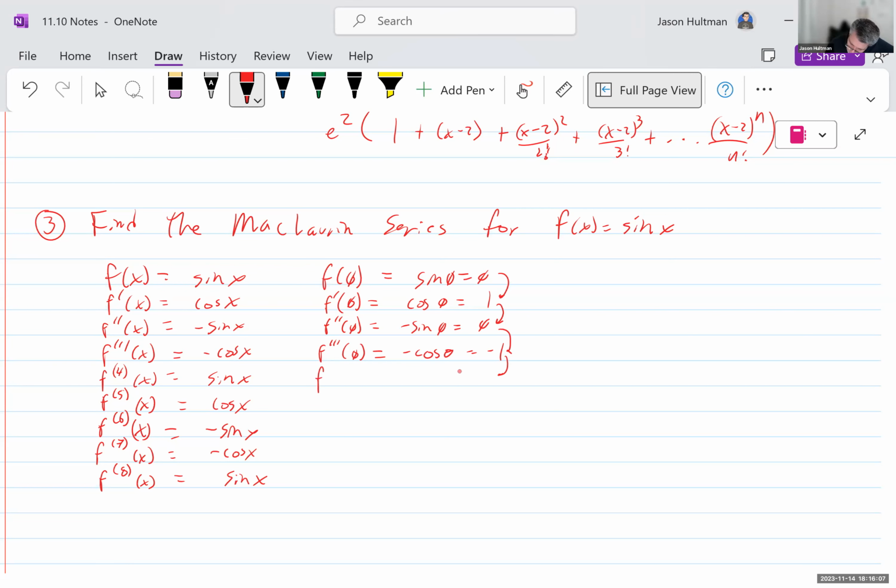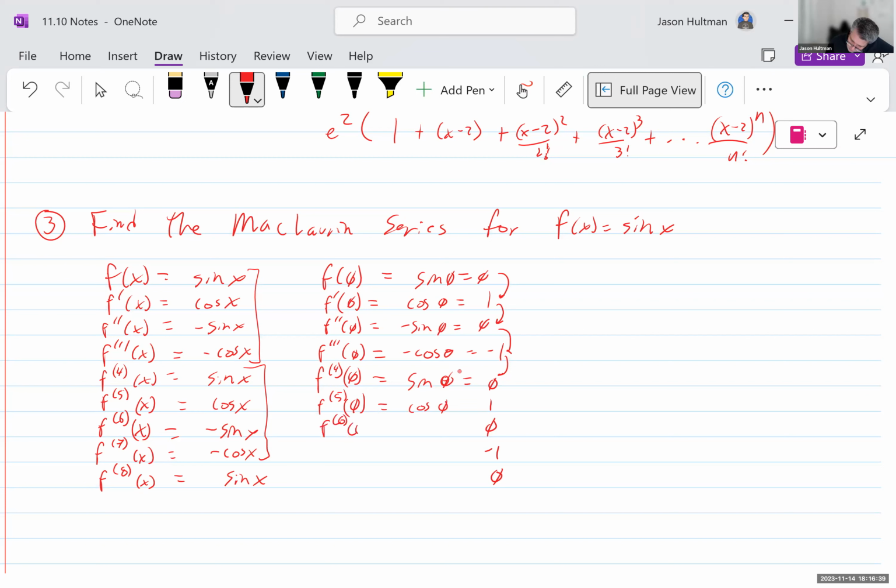Okay, but let's do a few more just to convince ourselves of that. This is 0 equals sine of 0. But these four are just a continuation of these four, so we already know what those are going to be. They're going to be 0, 1, 0, negative 1, and then the last one's going to be 0. So f to the 5th of 0 is, again, cosine of 0.